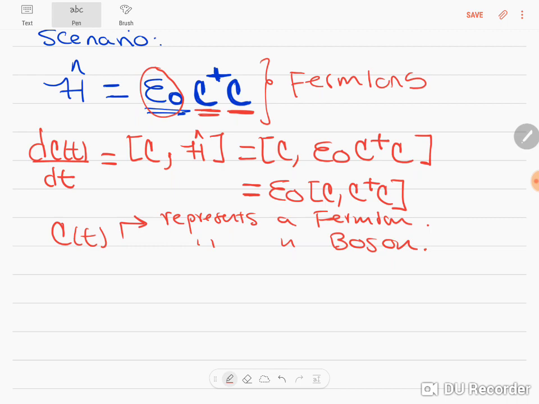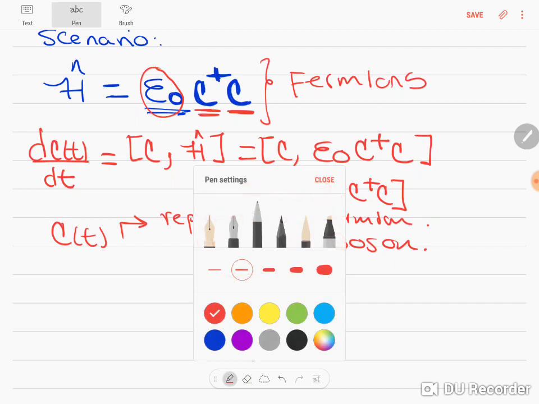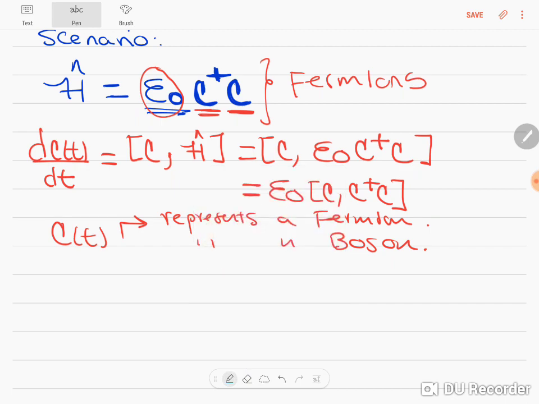Which means the following: if I have a Hamiltonian of this form with fermion operators, I have an identity that I want you to actually absorb, like you absorb water. A very important identity, which is the following: a commutator between a fermionic operator A and the product of two fermionic operators BC.